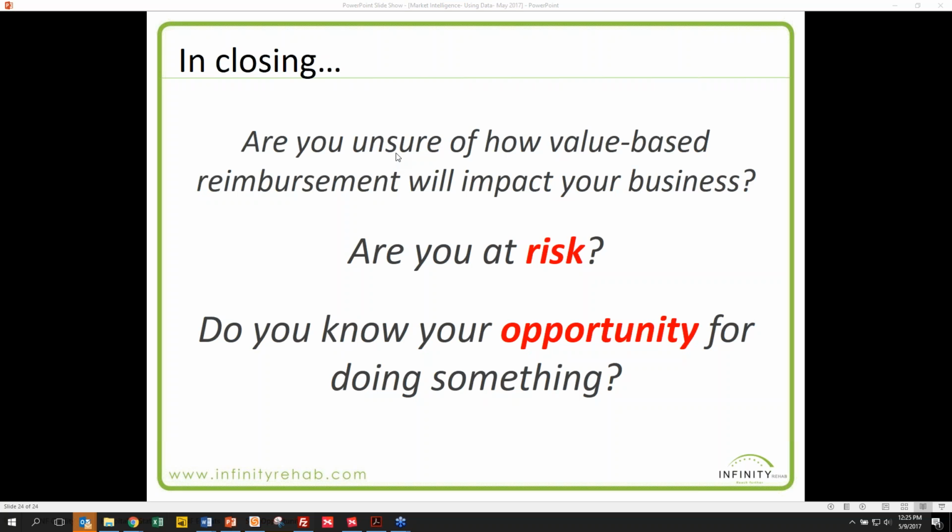So the ARD assigned to your building is being trained how to access this data and how to read it. Of course, instead of waiting for your ARD to come to you and schedule that, we also encourage you to reach out to your ARD and tell them, you know what, I would really like to sit down with you and understand that market data, and specifically understand the market data for my specific market. So hopefully that answers your question, Mark.